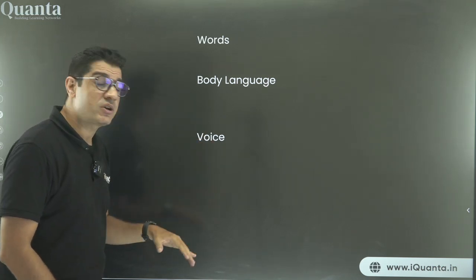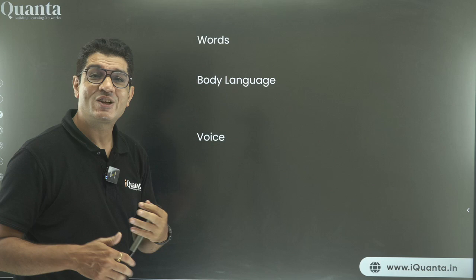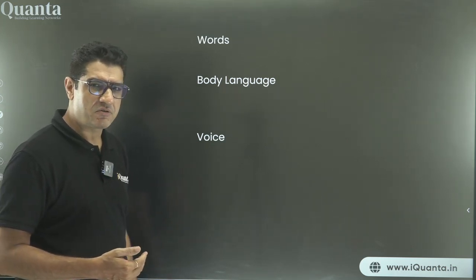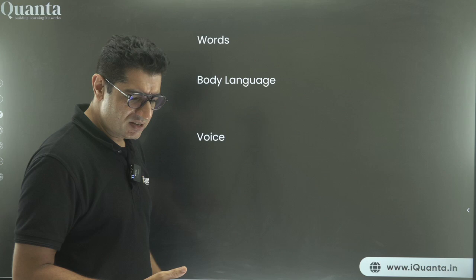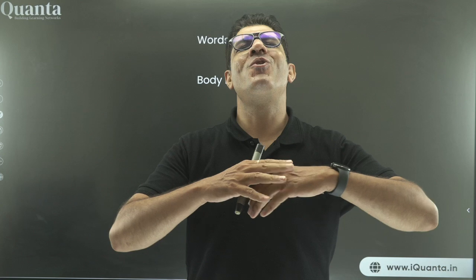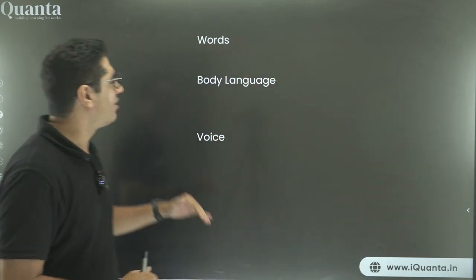And then there are more things, right? Clothes, color, distance. Remember, there are times when we want to threaten somebody. In such cases, we violate their personal space. We go ahead and stand right in front of them, looking into their eyes menacingly, threateningly. That's communication.